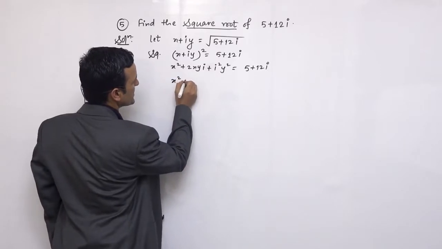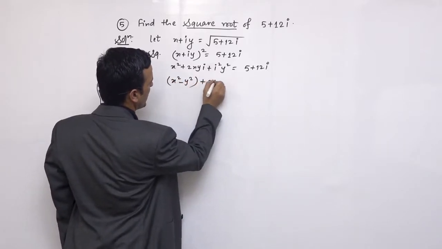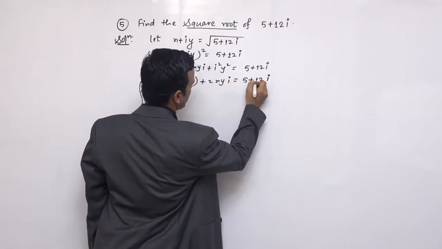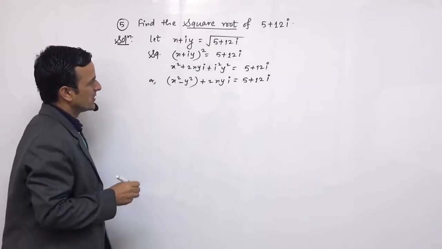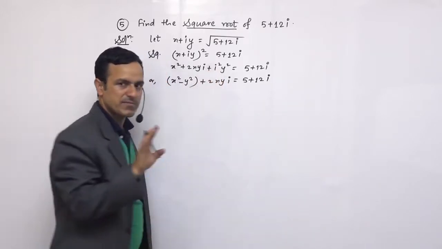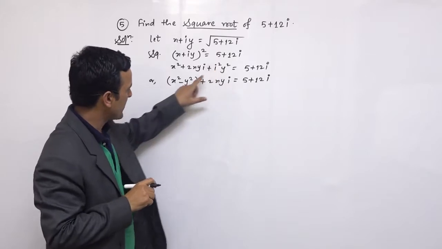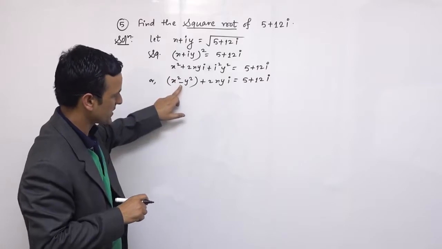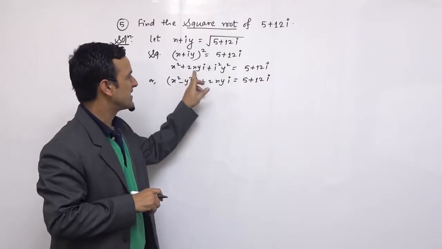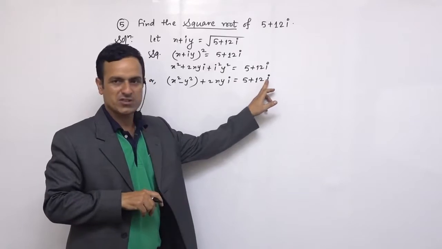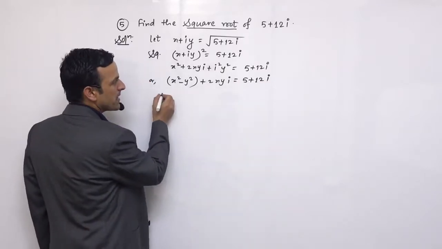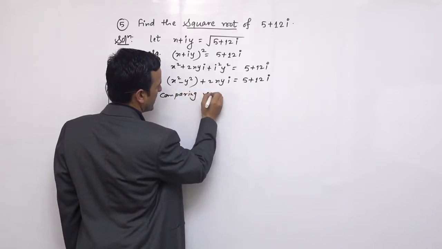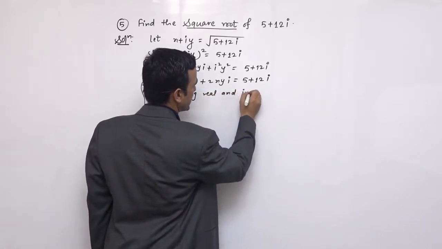Now it will be x square minus y square plus 2xyi is equal to 5 plus 12i. Here i square means minus 1. Putting minus 1 in place of i square, and putting x square and minus y square together, this term will be 5 plus 12i. Now we can compare the real and imaginary parts.